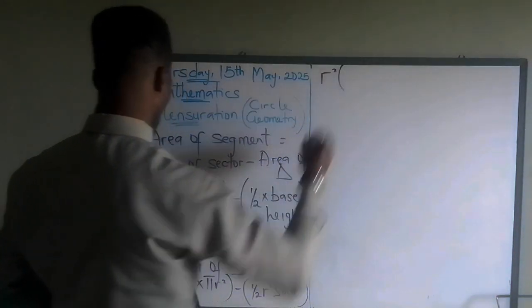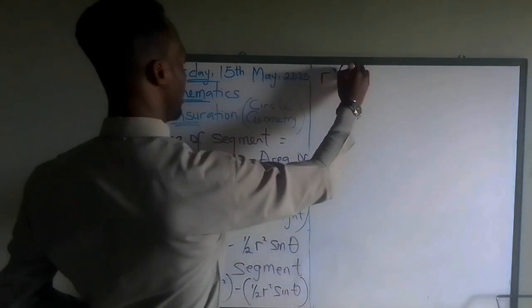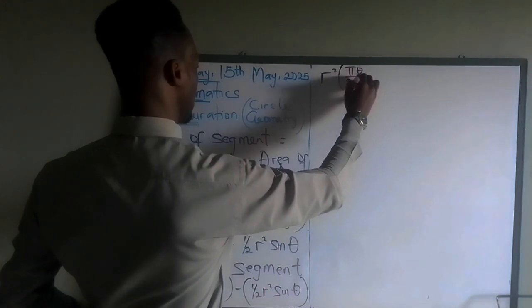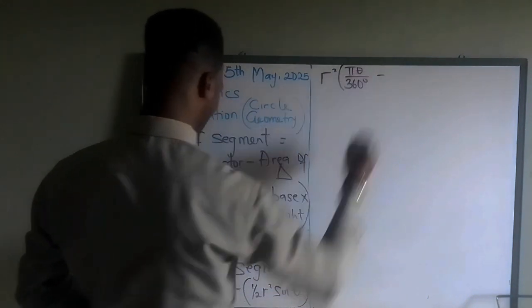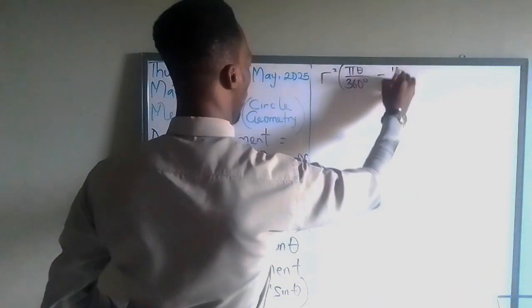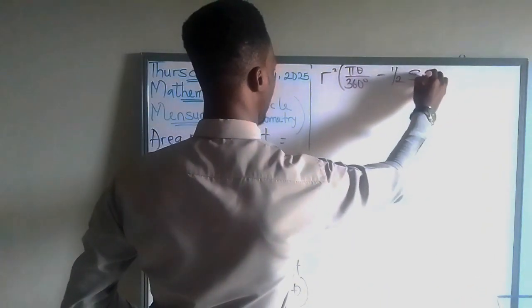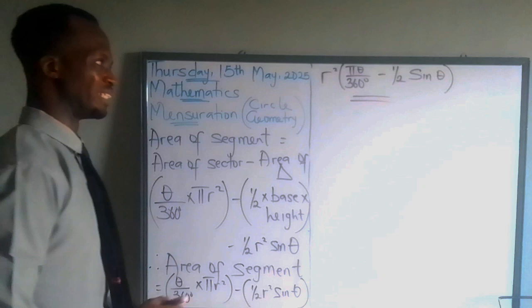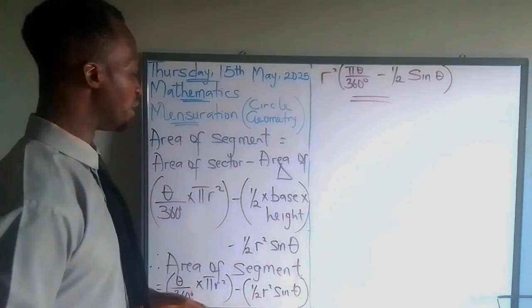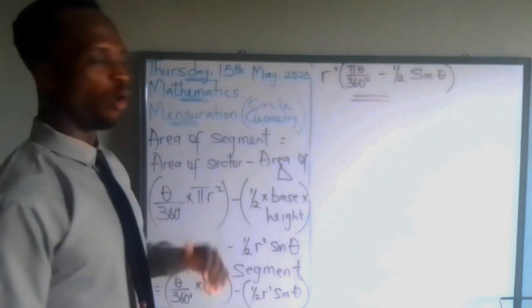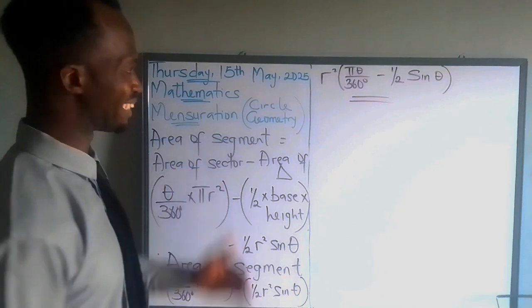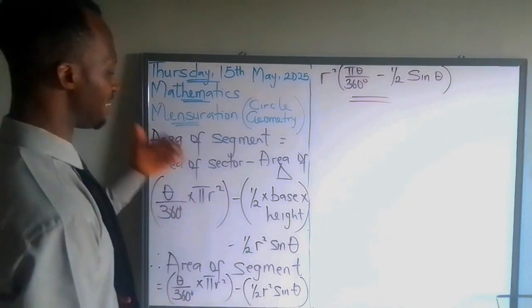R squared, open bracket, pi theta over 360 degrees, minus 1 over 2 sine theta. So this is the formula for calculating the area of the segment of a circle.